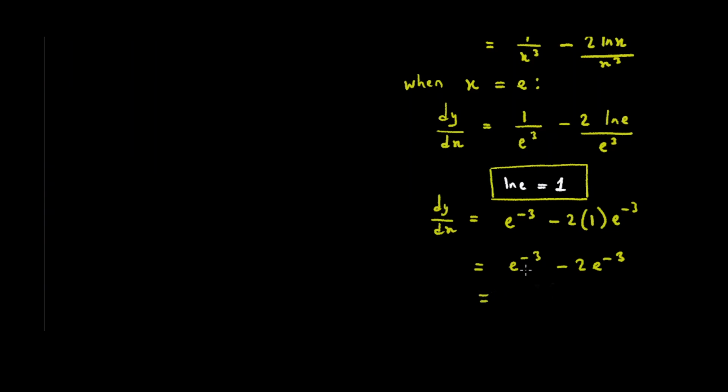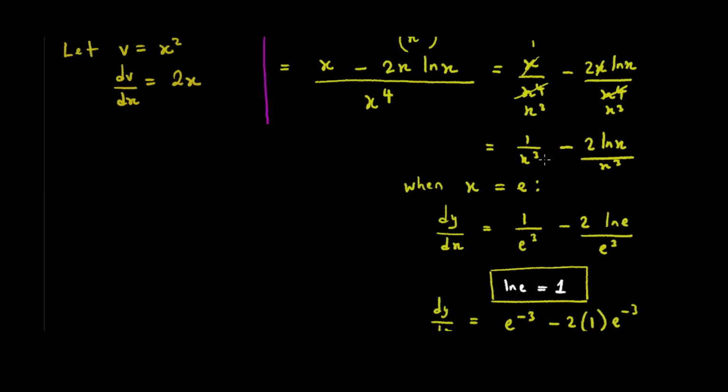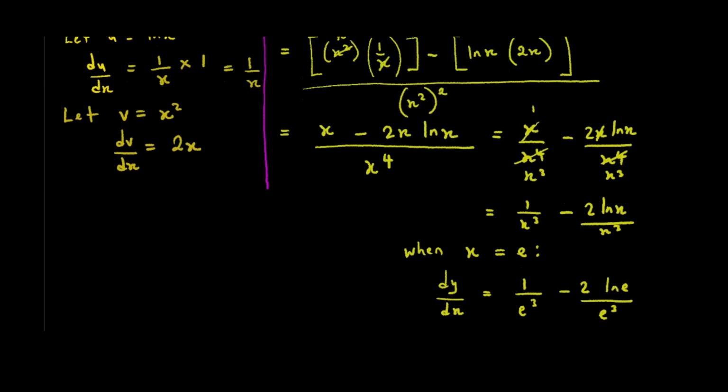Then if you notice, e to the negative 3 minus 2e to the negative 3 is like x minus 2x, so our answer here comes out as minus e to the negative 3. You may find other books saying minus 1 over e to the 3, however that is how the answer can come out. So the lesson we derive here is always check if you have answered the question, all the time. Always check, otherwise you may stop here and be happy that you got all the 3 marks, when in actuality you could be given 1 if they are merciful that day, because you have not answered the question.